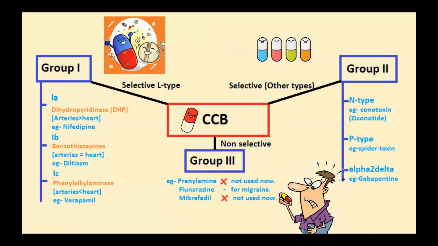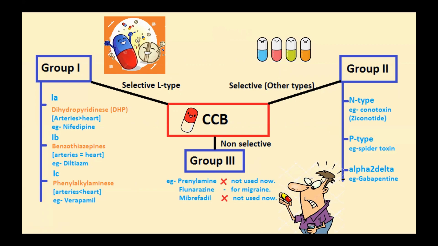Let's move to the classification. Group 1, they are selective L-type calcium channel blockers. Further, we can classify them into Group 1A, Group 1B, Group 1C. Group 1A are dihydropyridines or DHP. Group 1B are benzothiazepines. Group 1C are phenylalkylamines.